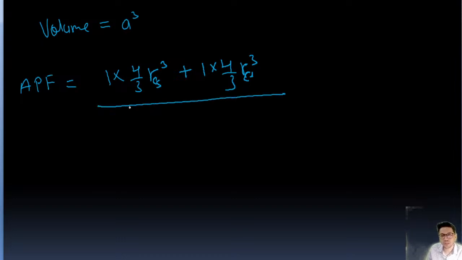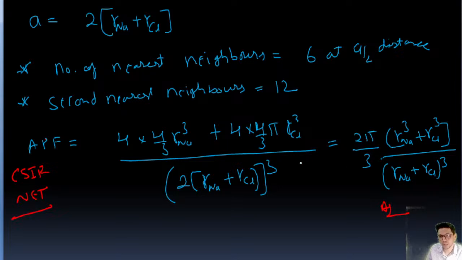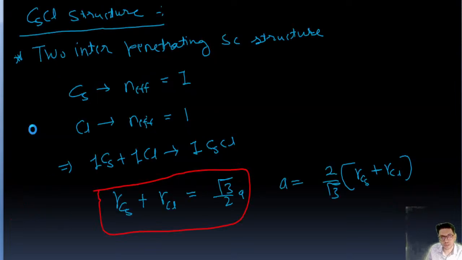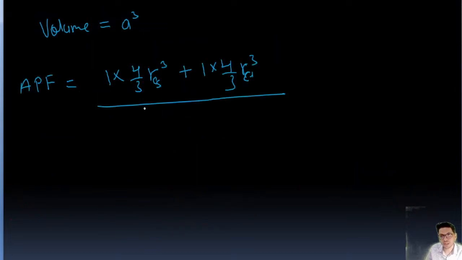Upon a cube means the value of a, which I am going to write directly: 2 by root 3 into (R_Cs plus R_Cl), this whole cube.